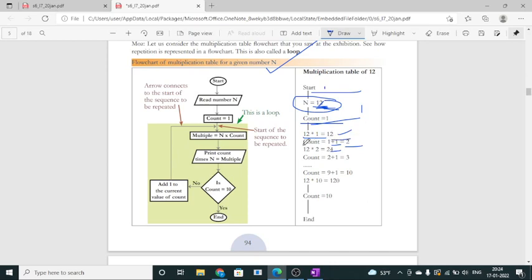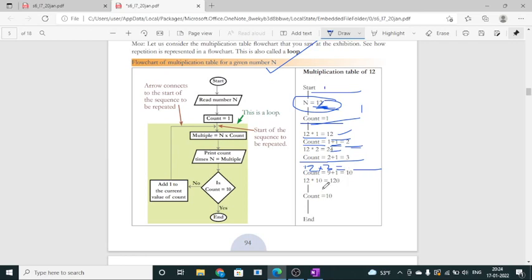Then we'll take count 1 plus 1, it is 2. Then 12 into 2, 24. Then again count 2 plus 1, 3. Then here it will become 12 into 3, and here we get the answer.